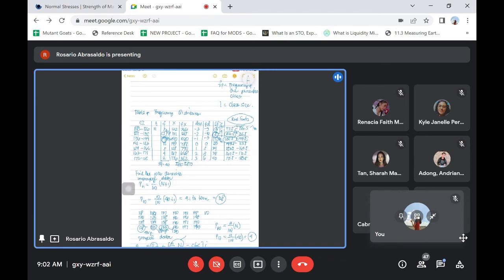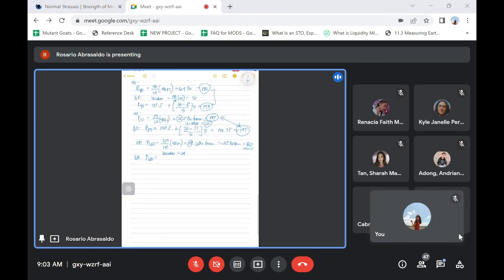So, pareho ra gihapon. 144.5 ra gihapon na ito gamiton. Okay, ang atong locator is 24 minus the same ra gihapon diri sa P sub 50, 17 over 12 ang atong F sub P times 9. Ang lahi ra ang atong locator. So you have now 149.75. So ma-round off na to ni siya 150. Pareho sila.